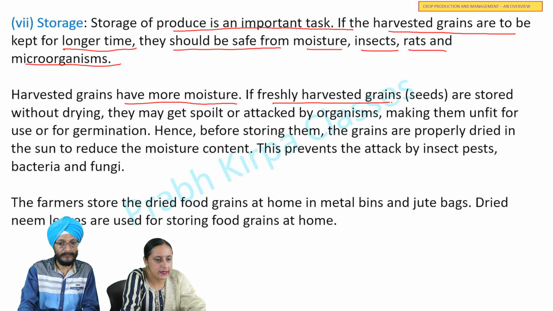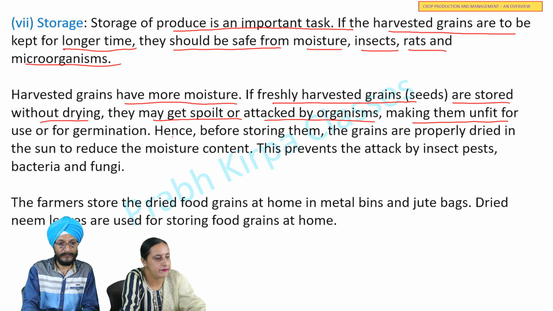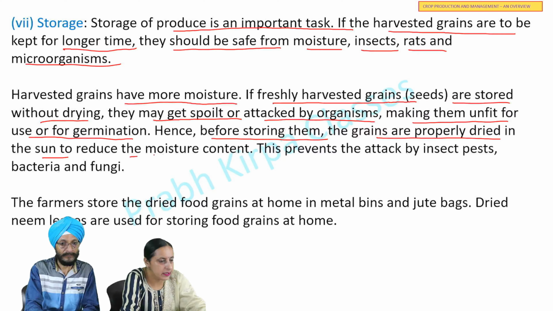If freshly harvested grains are stored without drying, they may get spoiled or attacked by organisms, making them unfit for use or for germination. Hence, before storing them, the grains are properly dried in the sun to reduce the moisture content. This prevents the attack by insect pests, bacteria, and fungi.